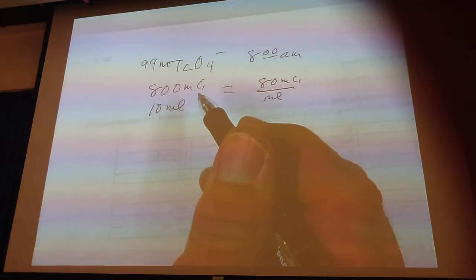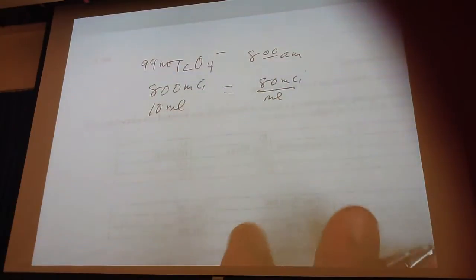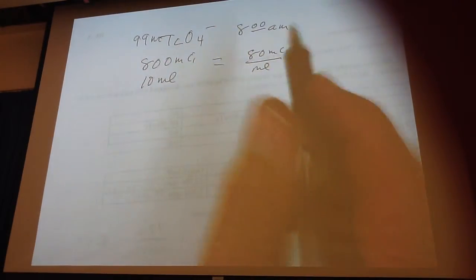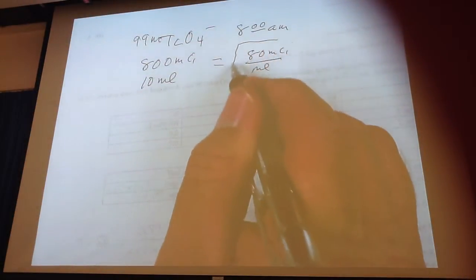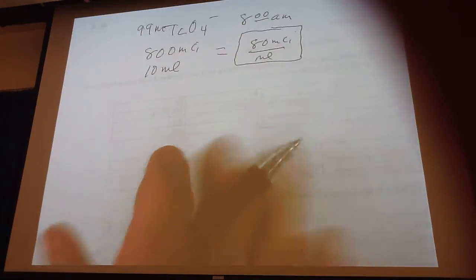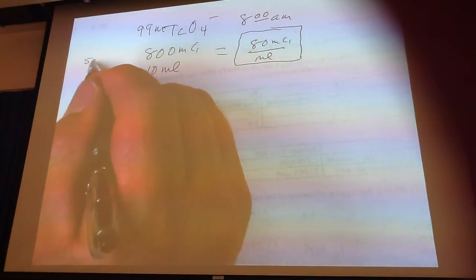Okay? Does that sort of make sense? One of the questions that you'll likely see, and I'll probably throw 1 or 2 in as a bonus on the quiz next week, is calculating specific concentration.